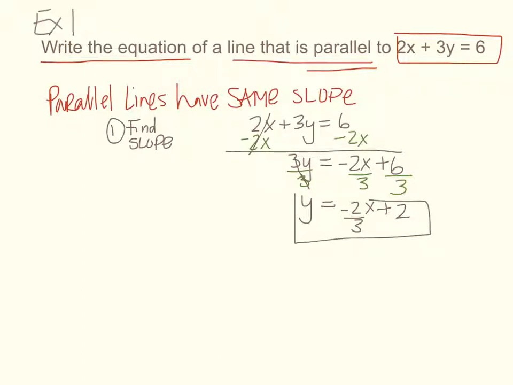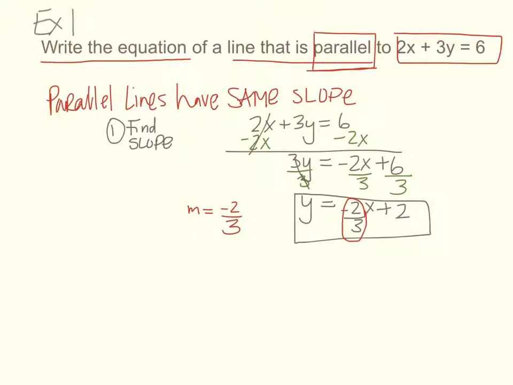So this is my slope-intercept form. And remember, I did this with the goal of finding the slope. So just looking at this equation, do you know what the slope is? I can see it. The slope is negative 2 over 3. Okay, so I found the slope, and the equation of this new line that's parallel is going to have this slope too.